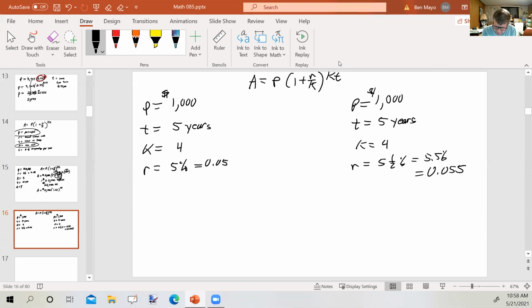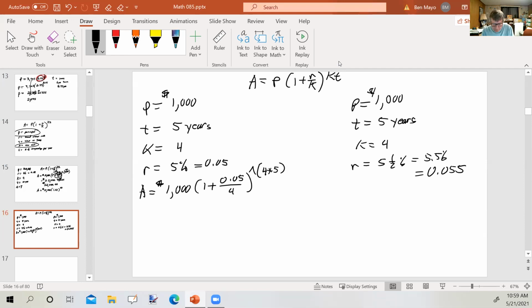Let's see what happens. Okay, so in the first scenario, A equals $1,000 times (1 plus 0.05 divided by 4), all to the 4 times 5 power.